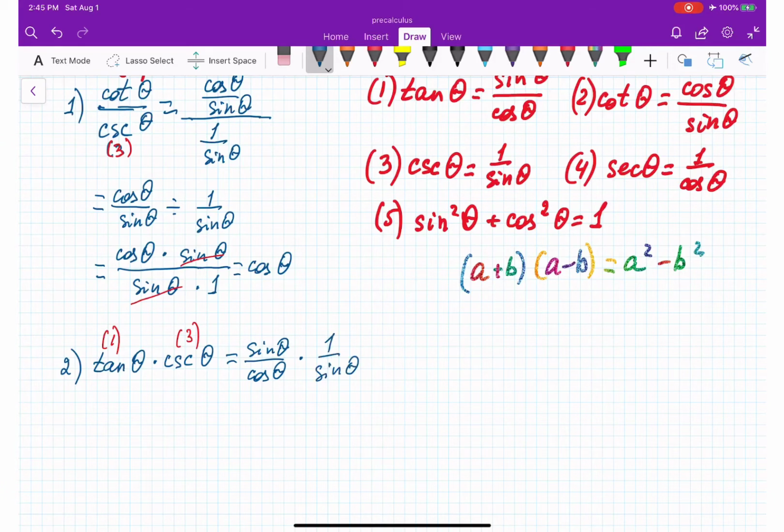Since it's multiplication, we are doing straight multiplication, numerator with numerator, denominator with denominator. Here I can cancel sine theta with sine theta, and the answer I will get is 1 over cosine theta. And 1 over cosine theta is formula number 4, which is equal to secant theta.